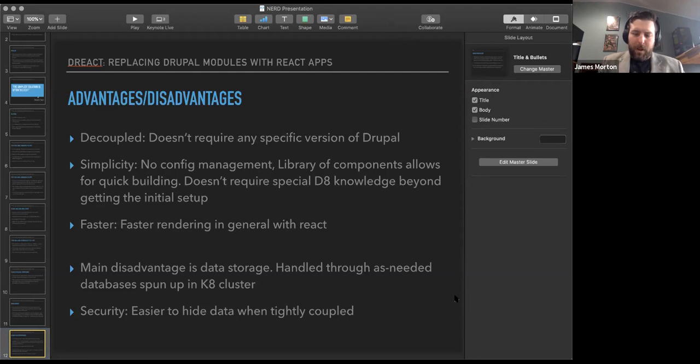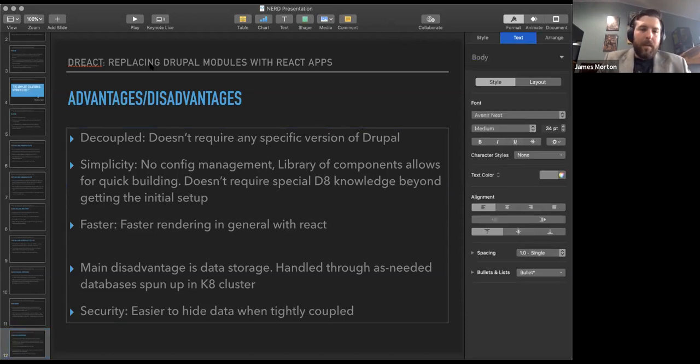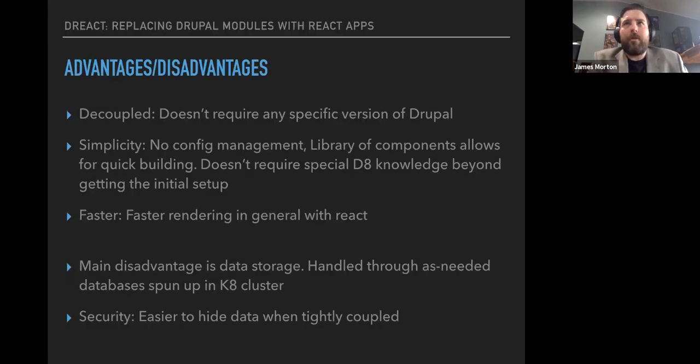I think we got a question here. Have you ever tried to use blocks to embed the React app? I have not, and specifically because we wanted that paragraph element to appear in the drop-down list that I showed you. I honestly didn't have that much experience with Drupal when I was building this, so I was kind of blindly forging ahead with it.